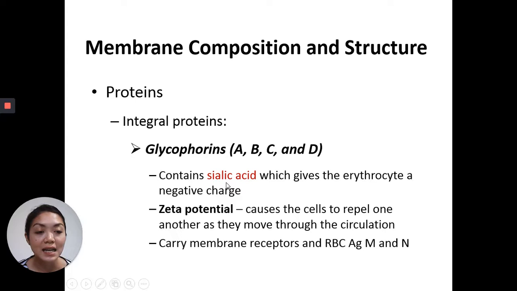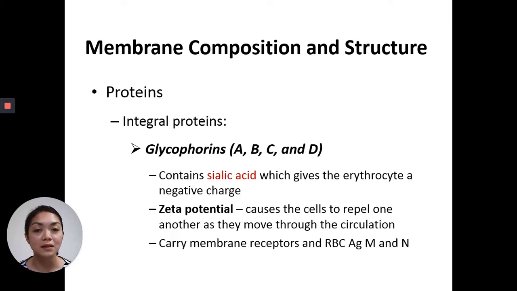That's why you have their sialic acid. So glycophorin is an overall name. We have different types, A, B, C, and D. And sialic acid, as I've mentioned, provides a negative charge to our carbohydrate coat, which we call again as the glycocalyx of the cell. Okay?